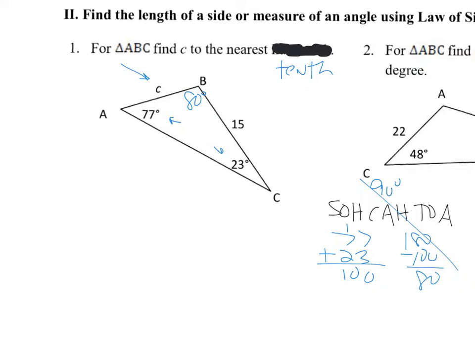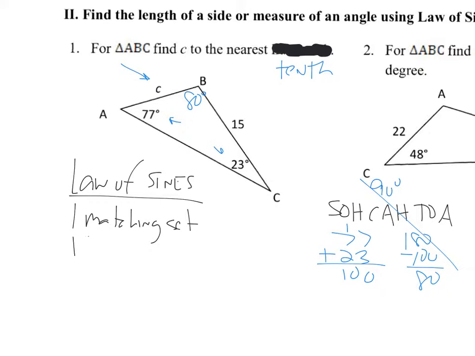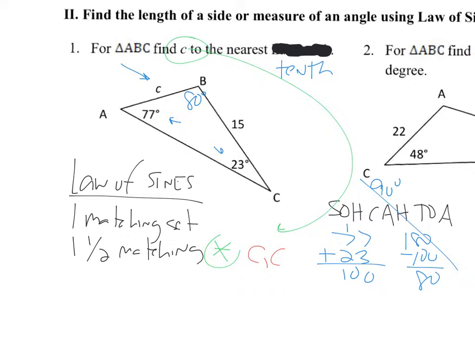So next we try to use the law of sines. To use the law of sines, you need to have one matching set of side and angle, and one half matching set. The half matching set is what you're solving for. Here, I'm trying to solve for little c, so I first look to see if I have a half matching set of the c's, and it looks like I do.